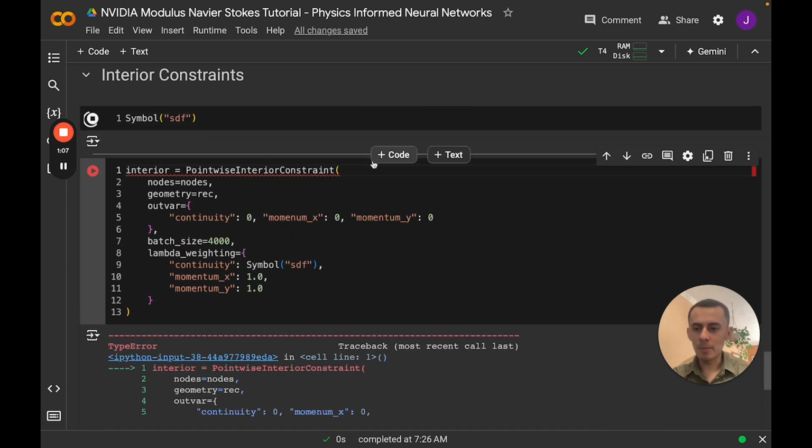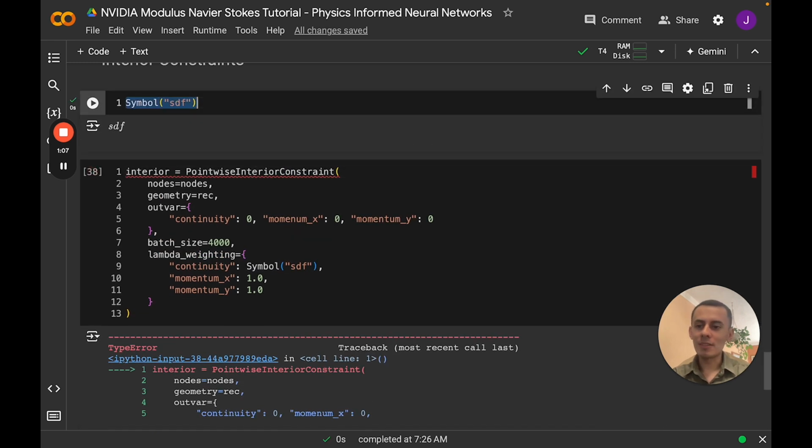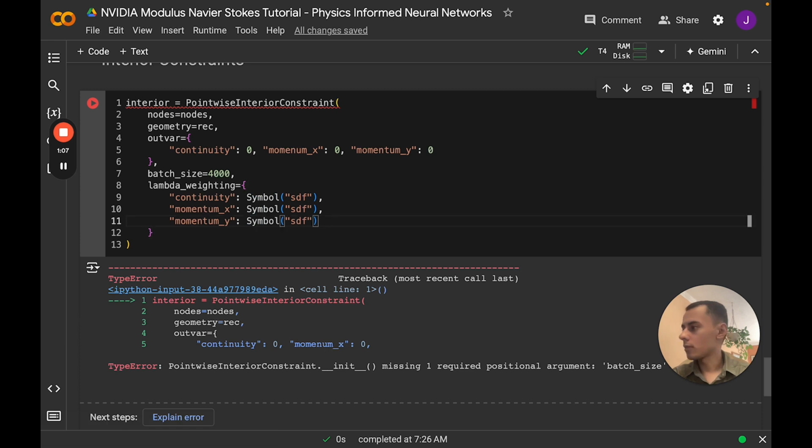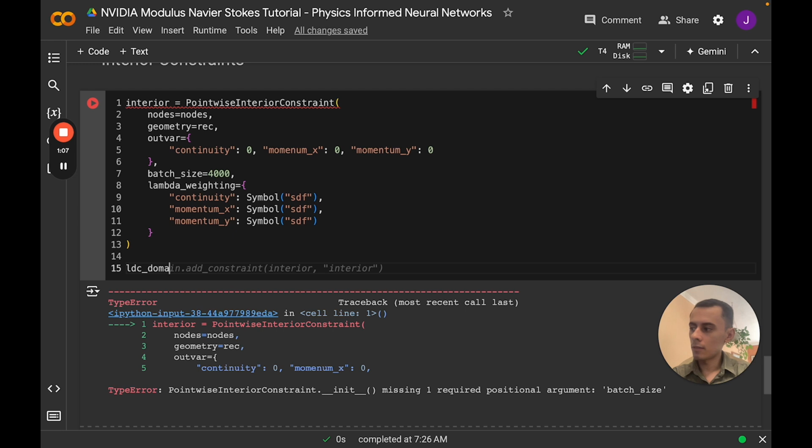I'm going to explain what the symbol SDF is in a moment. Oh, there you go, that's so useful. It's the same idea as we had before, but they do it that way here.